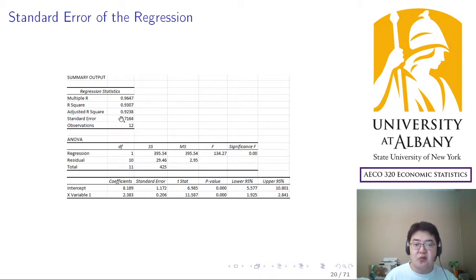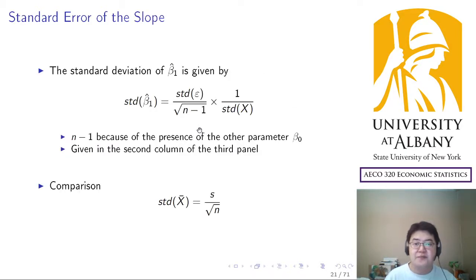And the standard error of the slope. Previously we calculated the standard deviation of epsilon, but now we are calculating the standard deviation of beta 1 hat. It is an estimator. So this is calculated this way.